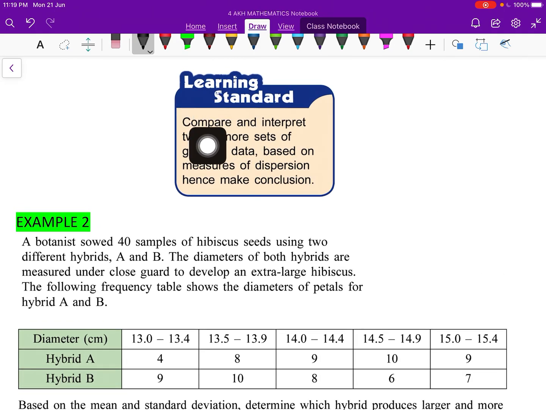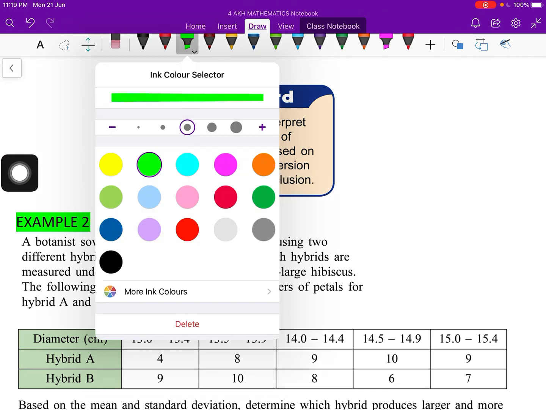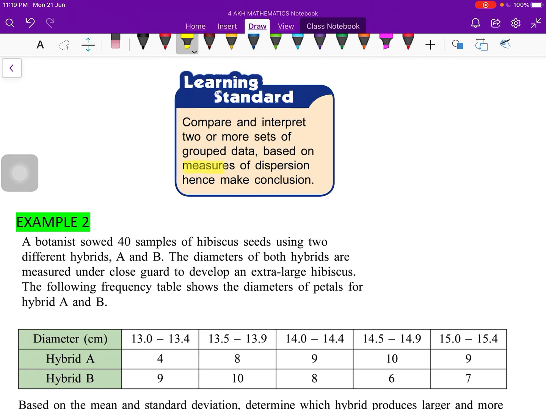So the next learning standard, we have to compare and interpret two or more sets of group data based on measures of dispersion, hence make conclusion. So measures of dispersion here, we are referring to the calculation that we did. Okay, so here means mean, kita punya variance, and also our standard deviation.